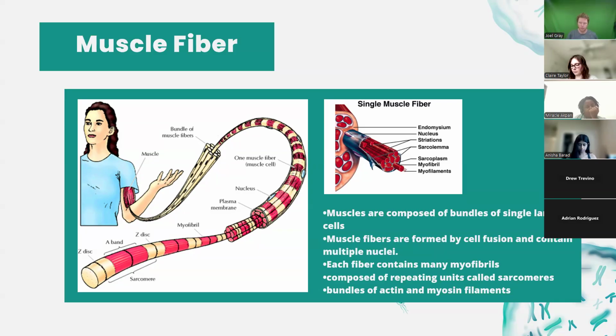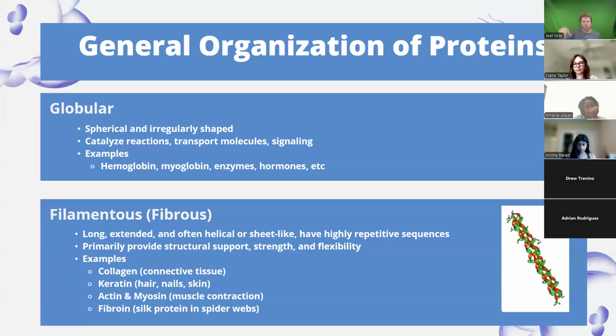Underneath that umbrella are globular proteins and filamentous or fibrous proteins. The filamentous or fibrous proteins are commonly known as your structural proteins. One thing that's important to remember is that despite those being your structural proteins, it is an area of interest for people to know about the structure of other proteins, and that goes for all proteins for that matter.